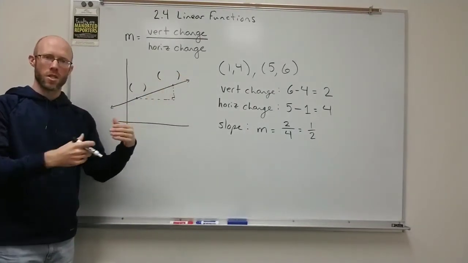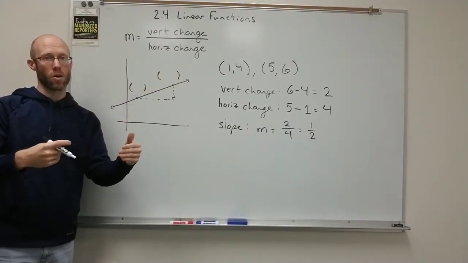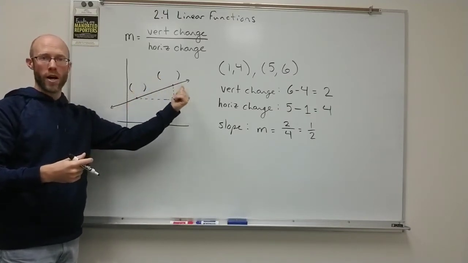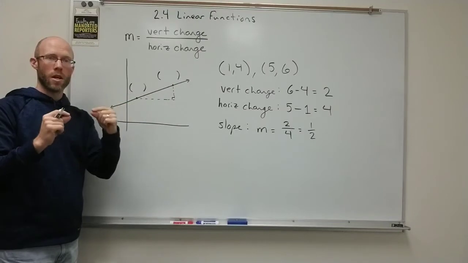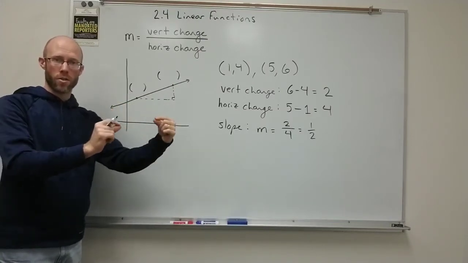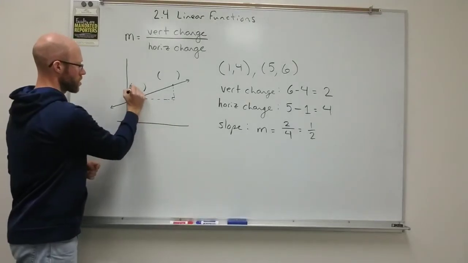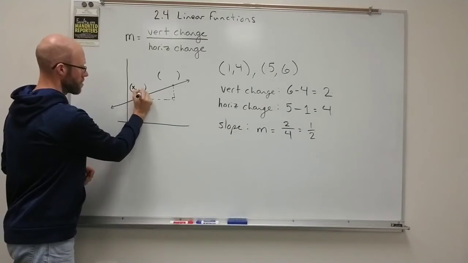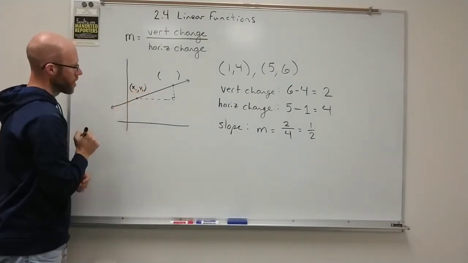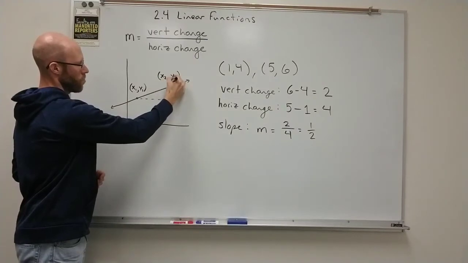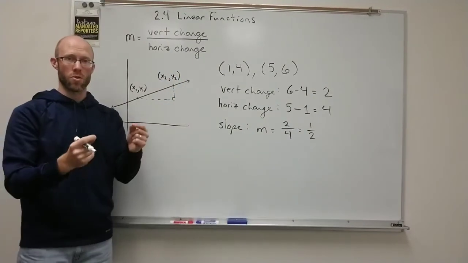I'm going to distinguish between the x's and the y's. So I'm going to call one of them x1, y1, and the other one x2, y2. The numbers are going to be subscripts that just distinguish between the 2 x's and the 2 y's. Okay, so I'm going to call this one x sub 1, comma, y sub 1, and this other one is going to be x sub 2, comma, y sub 2. Again, those are subscripts.